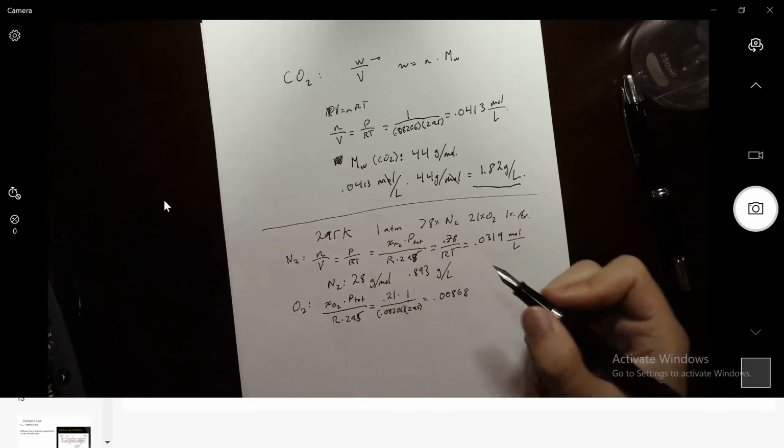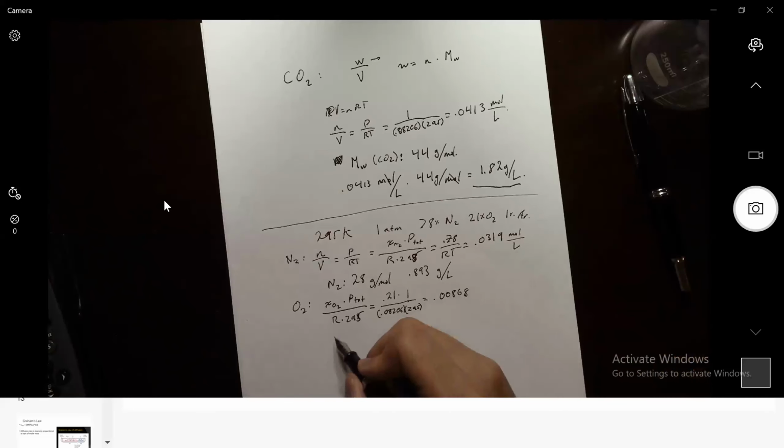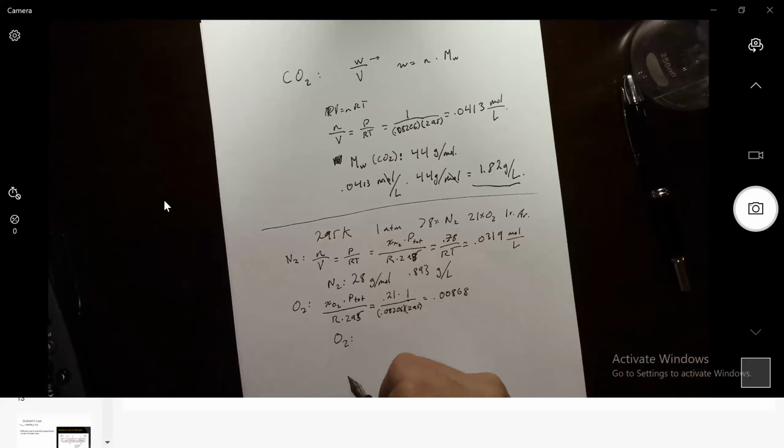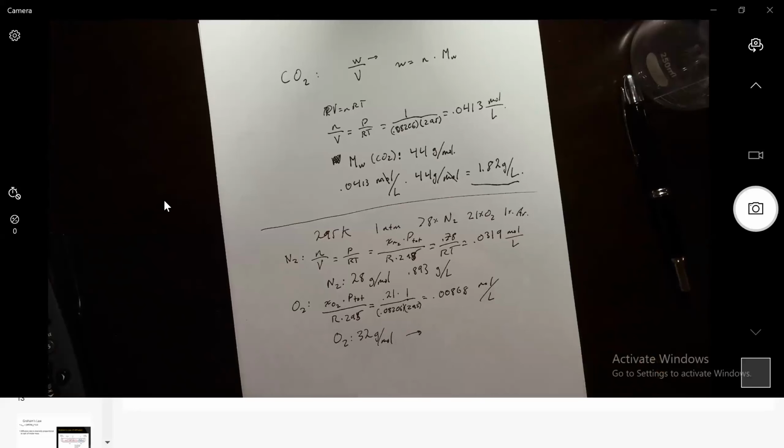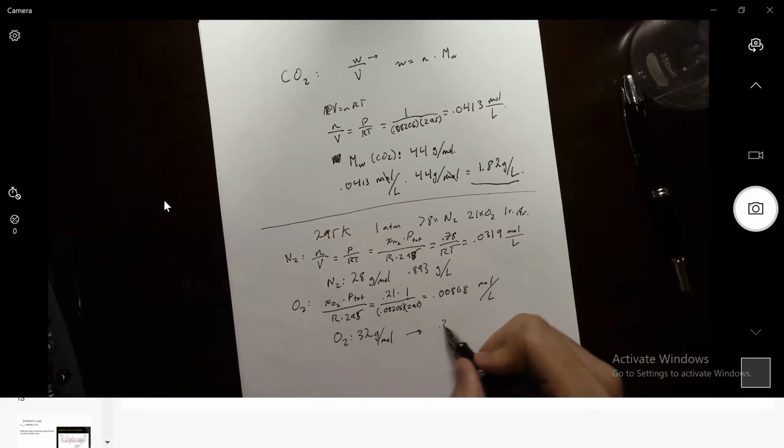Now, can someone tell me what the molecular weight of O2 is? Great, 32. So we get 0.278 grams per liter.